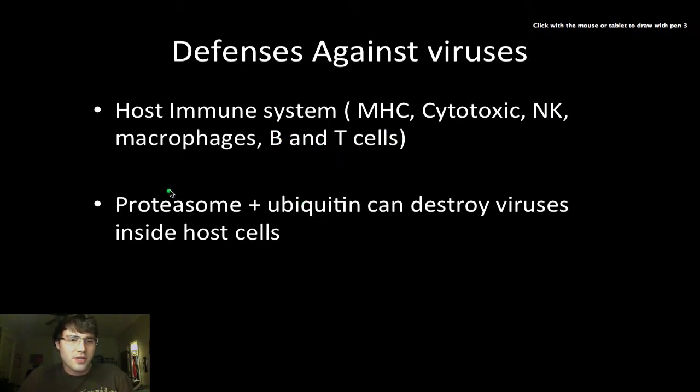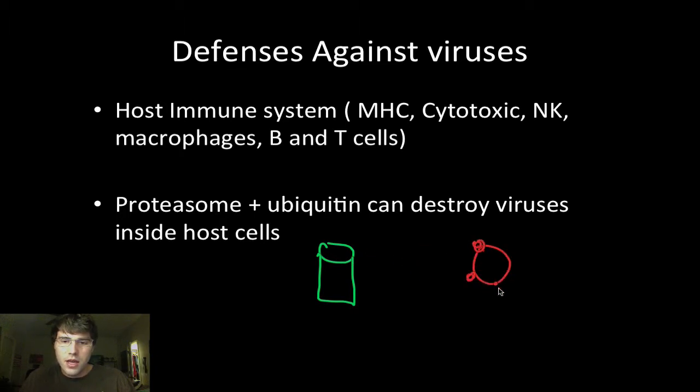But this thing here is pretty interesting. If you remember the proteasome and ubiquitin complexes, these are basically just little, I'm just going to draw them like this. I'm sure that they exist as something much different. But let's just say that a virus infects me and it's just going around inside my cell trying to do whatever, and I have, say, an antibody attached to it, or some type of a ubiquitin complex. I'll do the ubiquitin in blue. It can help bind to that.